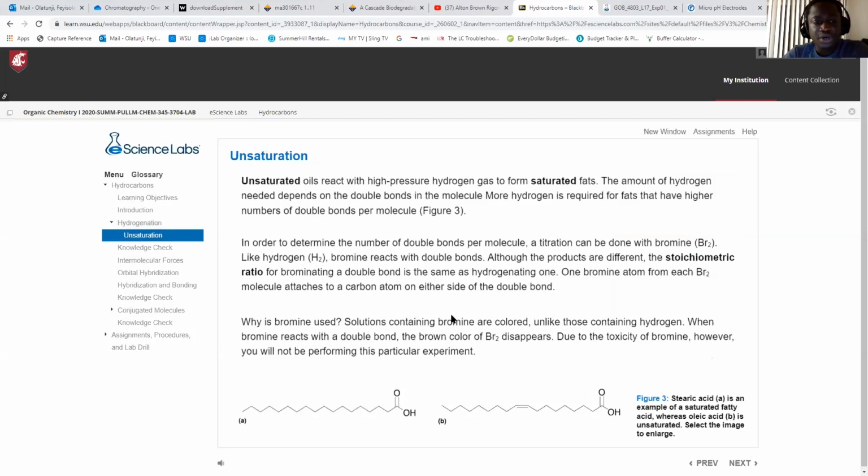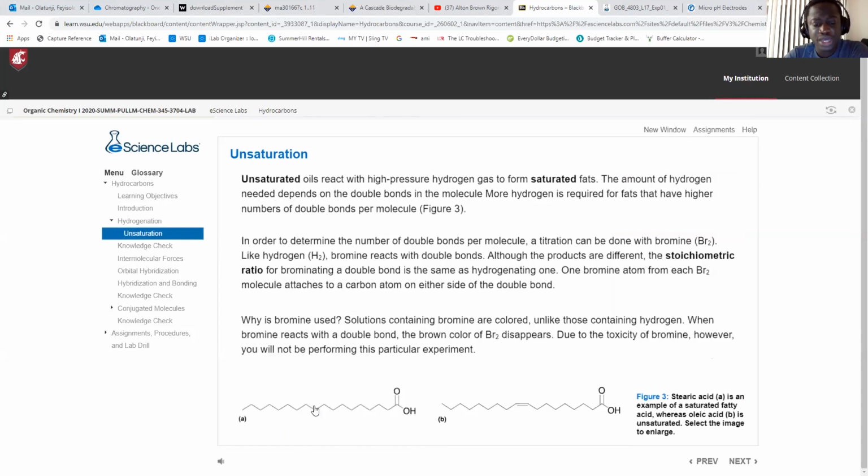Okay, so if you look at compound A, for example, compound A has a very long hydrocarbon chain. And if you have like 10 of this molecule, basically you can picture a scenario where you can, hold on, let me share another screen with you so you understand what I'm saying better.